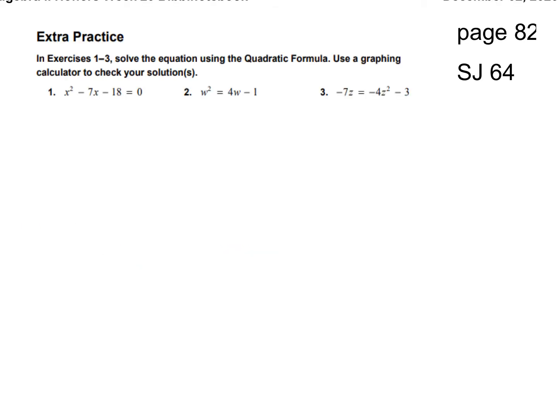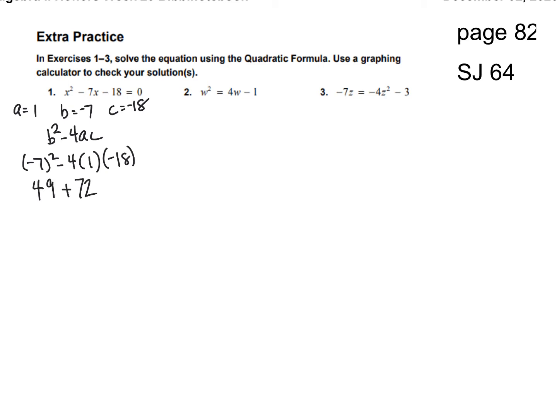We're going to name a, b, and c first. For number 1, a is 1, b is -7, and c is -18. I'm going to do the discriminant, b squared minus 4ac, first, so I can tell what my solutions will look like. -7 squared minus 4 times 1 times -18. 49 plus 72 is 121.